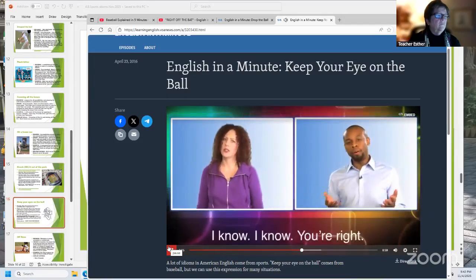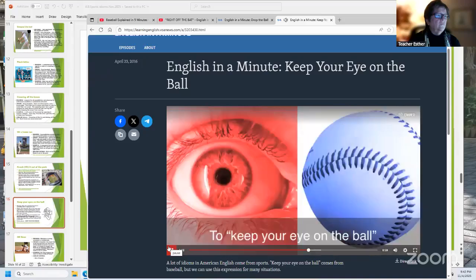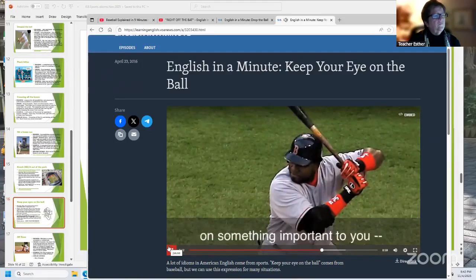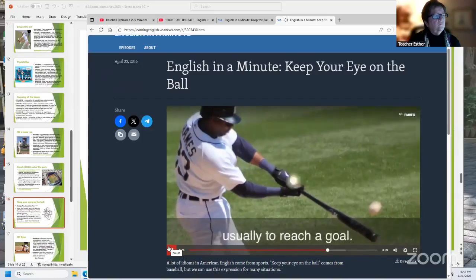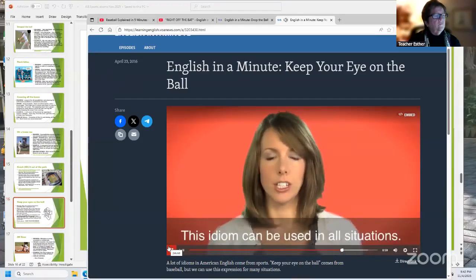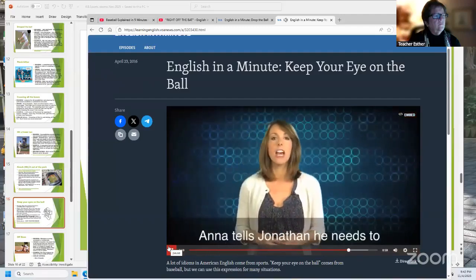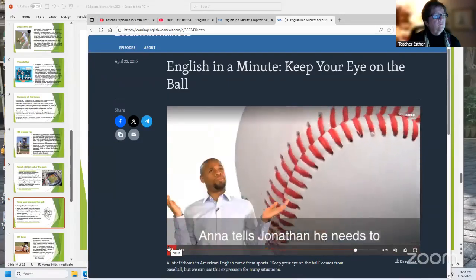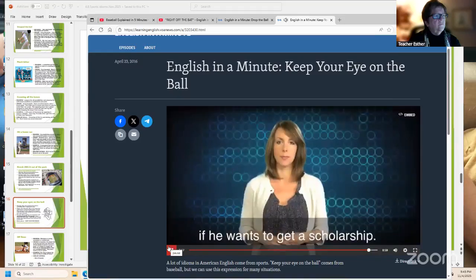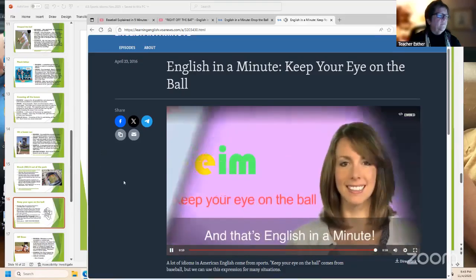Study harder. I know. You're right. To keep your eye on the ball means to keep your attention on something important to you, usually to reach a goal. This idiom can be used in all situations. In our example, Anna tells Jonathan he needs to keep his eye on the ball if he wants to get a scholarship. And that's English in a minute.